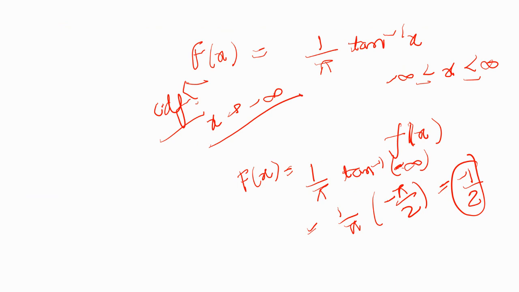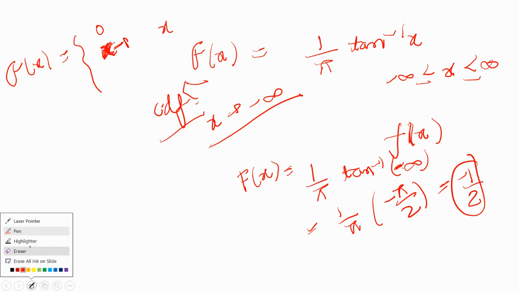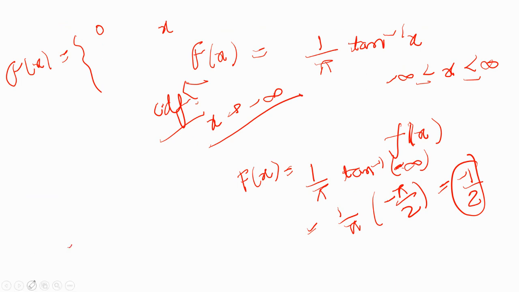Right hand continuous means, if you have any function, let's say Fx, which is 0 for x less than half, and 1 for x greater than or equal to half.